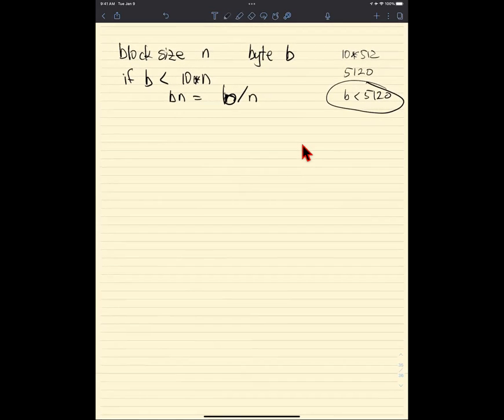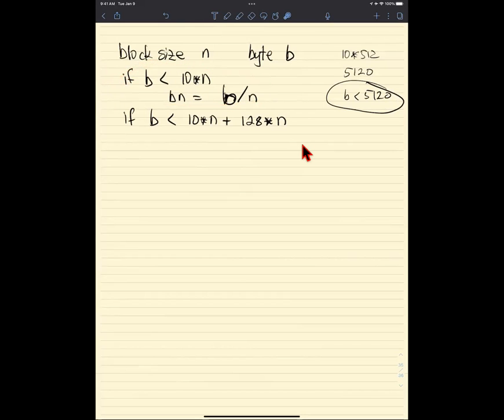Okay, so moving on. If b is less than 10 times n plus 128 times n. So notice the order of the if statements. This one comes first. So if it was less than 10 times n, it would be handled here.